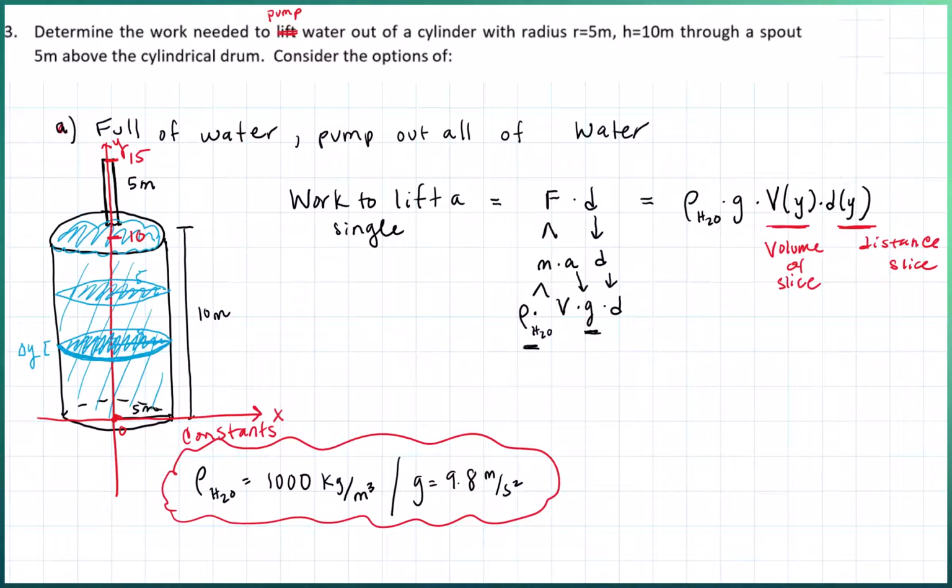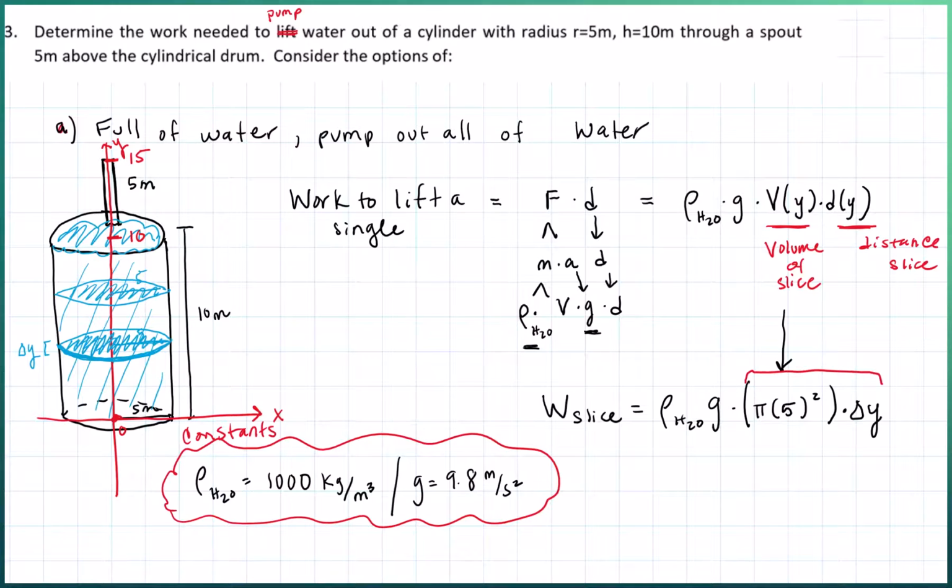So when we're calculating the volume of every slice, let's carry this down. I'm going to bring my work down. The work for a slice is the density of water times gravity times the volume of each slice, which is pi times the radius of each slice, but the radius is not changing for this shape. So that's going to be pi times 5 squared times delta y, the thickness of each slice. So that's the volume. And how far do we have to lift each slice?